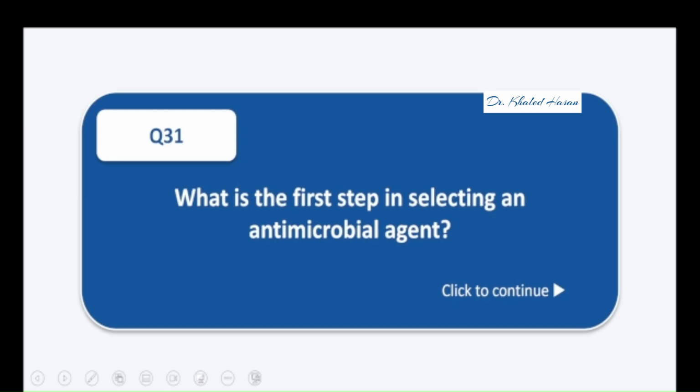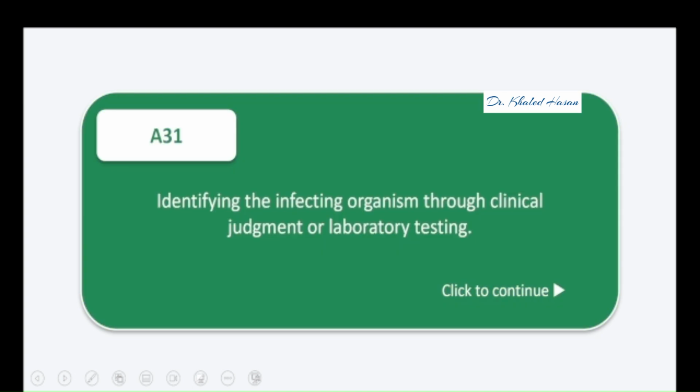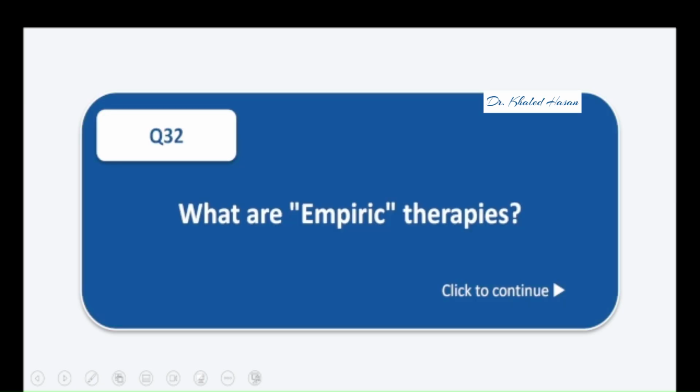What is the first step in selecting an antimicrobial agent? We need to identify the infecting organism through clinical judgment and laboratory testing. What are empiric therapies?